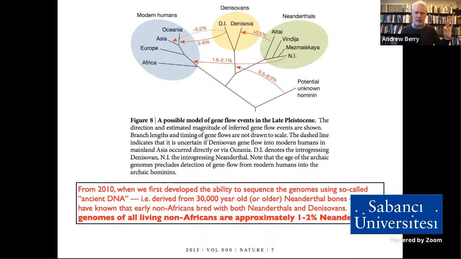Homo sapiens, modern human beings, as they came out of Africa about 70 or 80,000 years ago, met these other populations out there in Europe and Asia. Neanderthals, Denisovans. Remember, all we know about the Denisovans, at least to start with, is based on material from the cave in southern Siberia.